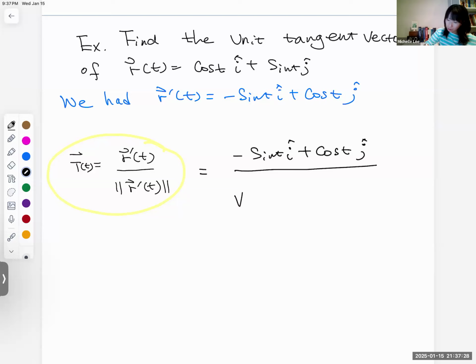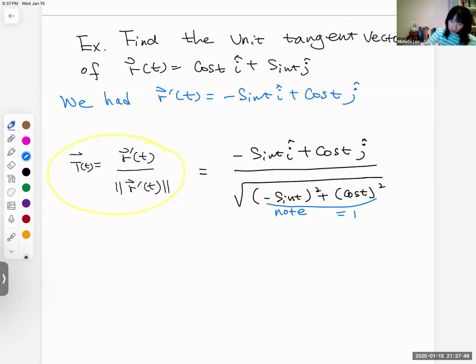So that will be the square root of negative sine t squared plus cosine t squared, right? We know that this is 1. So that will be negative sine t i hat plus cosine t j hat.